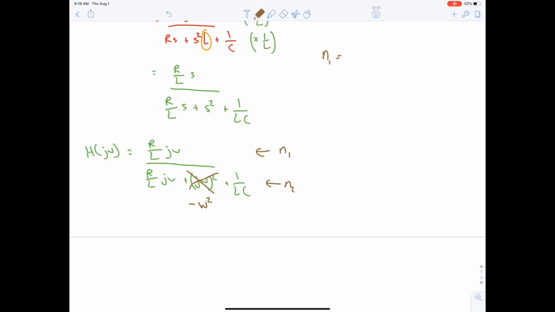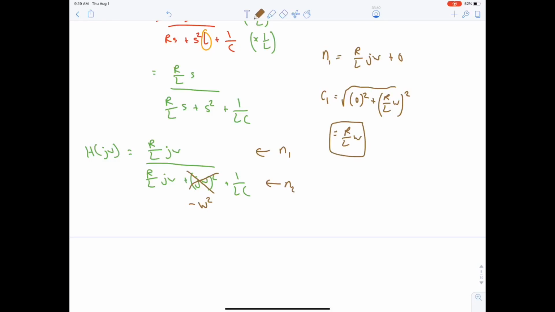N1 is R over L jw plus 0, N2 is minus omega squared plus 1 over LC. For C1, it will be the square root of 0 squared plus (R over L w) squared. So the answer is R over L w.